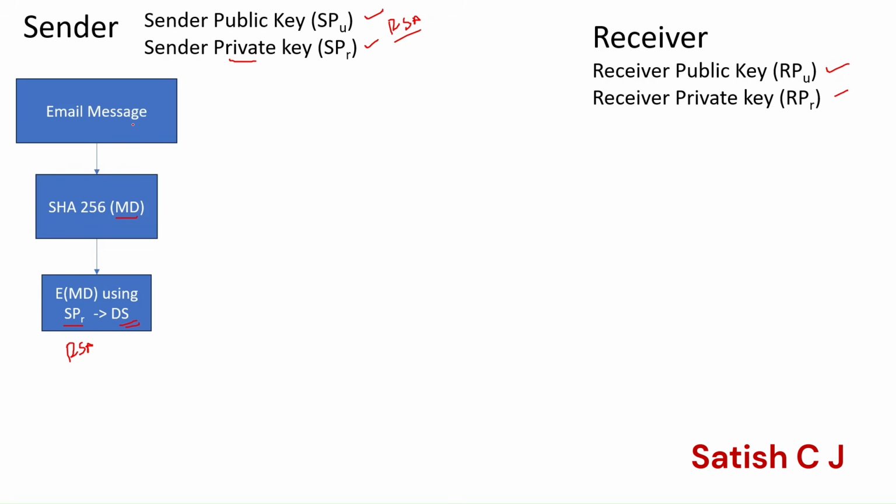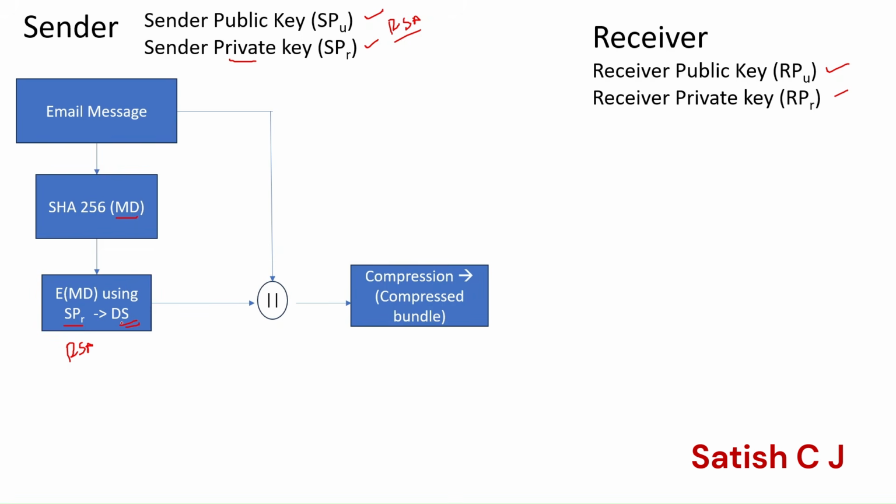Next, we take the plain text email message, combine it with the digital signature, and pass it to a compression algorithm which will compress it and create a compressed bundle. The compressed bundle contains the plain text message alongside the digital signature, and it is then given to a symmetric key encryption technique like AES.